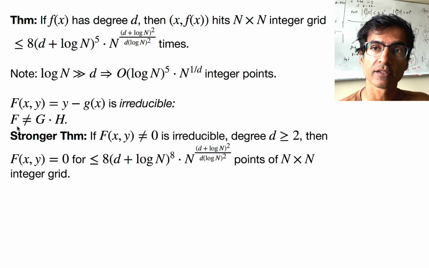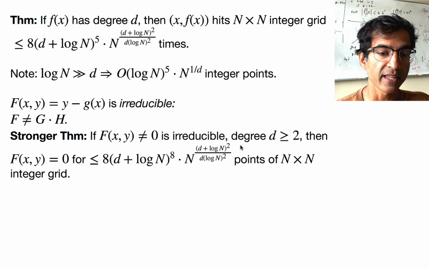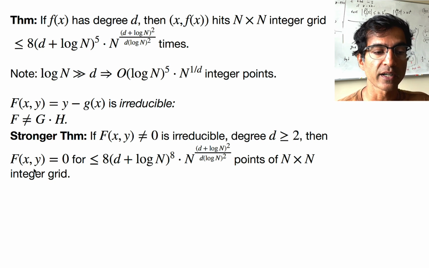And the stronger theorem says that if you have a non-zero irreducible polynomial f of two variables, a polynomial that cannot be factored into two other polynomials, then the number of points where f is 0 in the n by n grid is bounded by this formula.